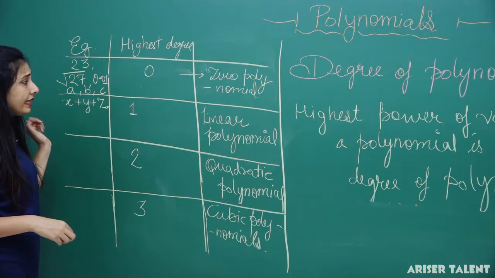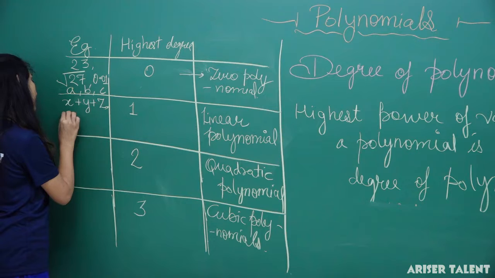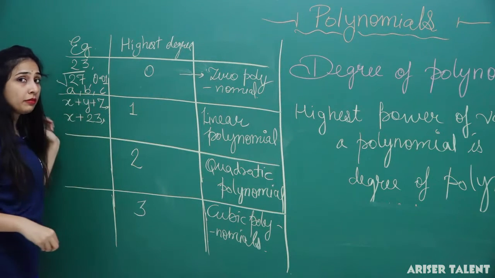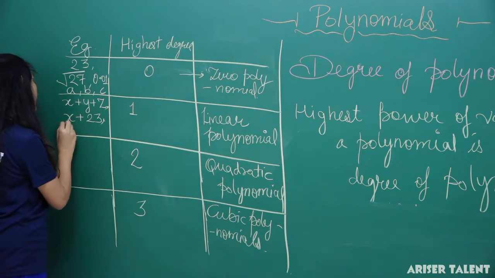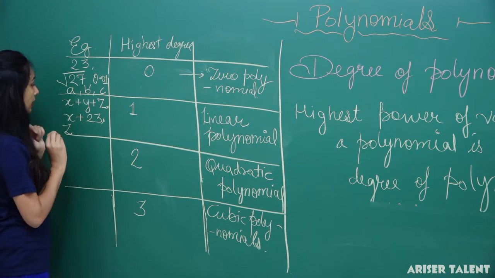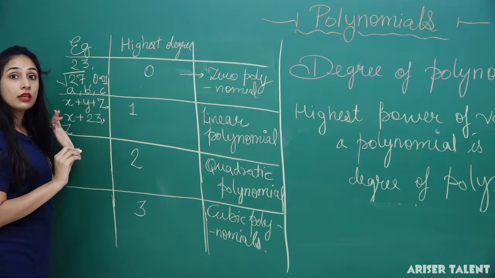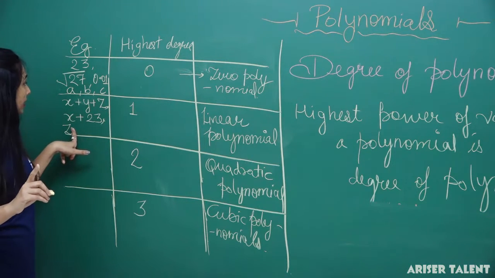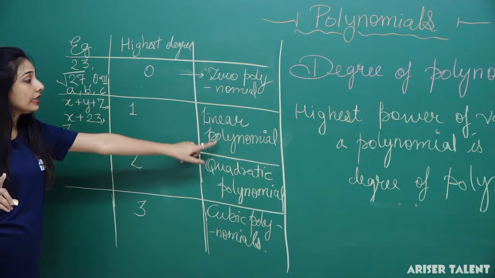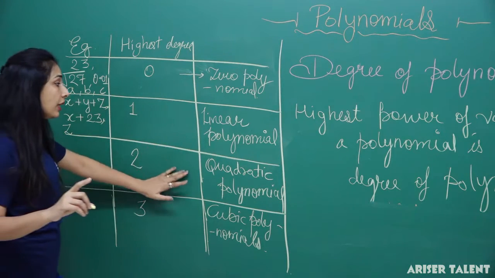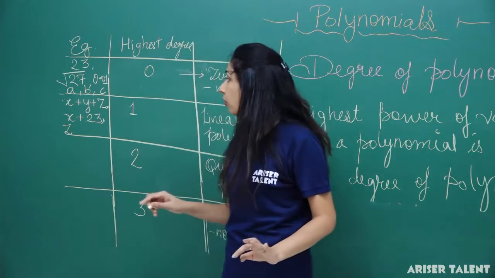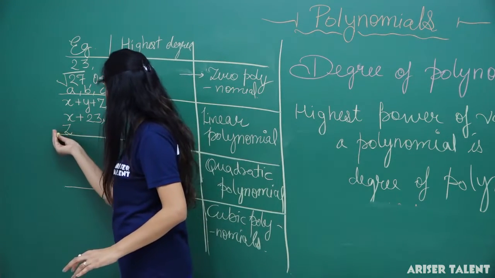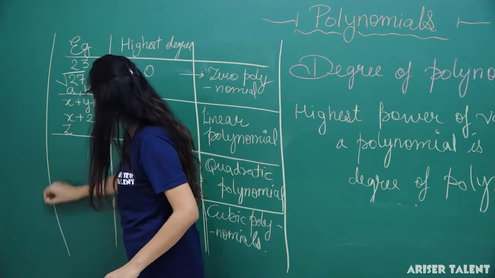Other than that, what can I take? I can take like x plus 23. I told you this is my favorite number. And other than that, I can write z, only single z, having highest degree as 1. So that can also have linear polynomial as its name. Now we are talking about the quadratic polynomial. What will we have as examples?